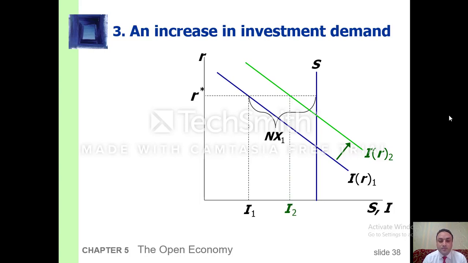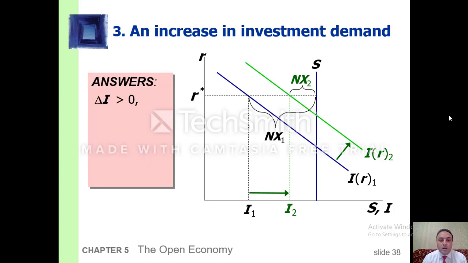What happened in this case? We can see many changes. First, the investment in the local economy will increase because it's a move to this point on the right, and the net exports will decrease, as the difference between saving and investment will be decreased. You can see the difference between NX1 and NX2. So we can see that the change in investment will be more than zero because it is a positive change.